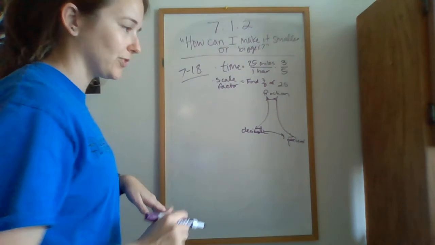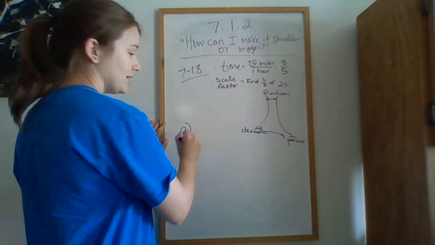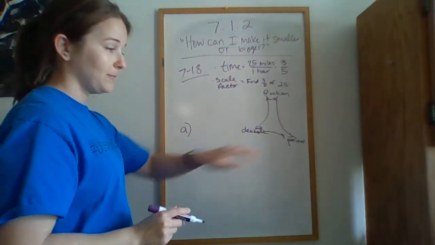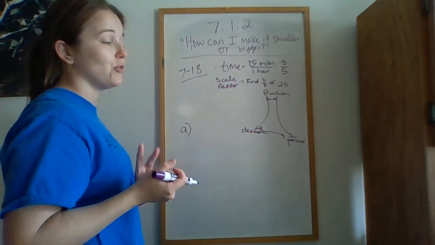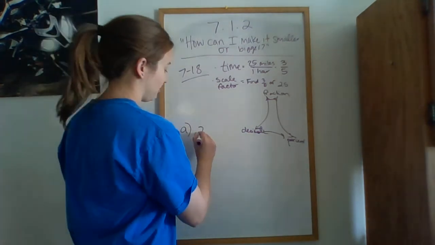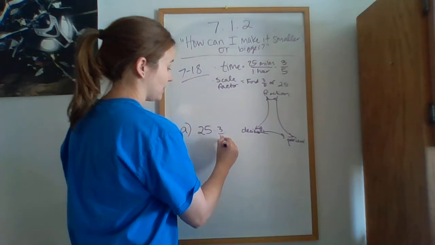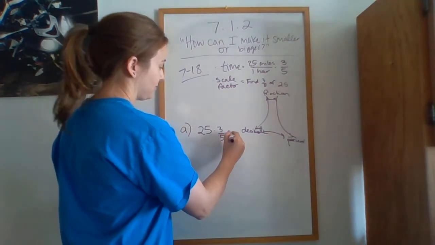Fraction, decimal, percent. So for this part A, it says, using the portions web, work with your team to find two other ways to write this equation. 25 times 3/5 equals 15.